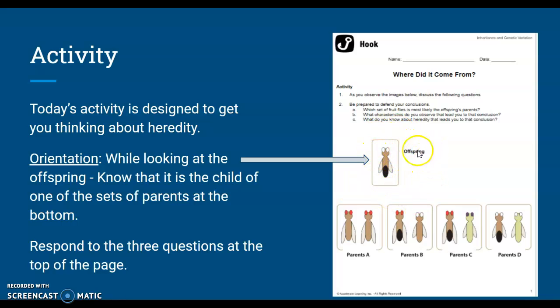This is the offspring in question. And then when it talks about parents, these are the parents below, okay? They're not identified as which one is the parent, so just keep in mind that it does not matter. They're just looking at parent sets. So this would be an offspring created through sexual reproduction.